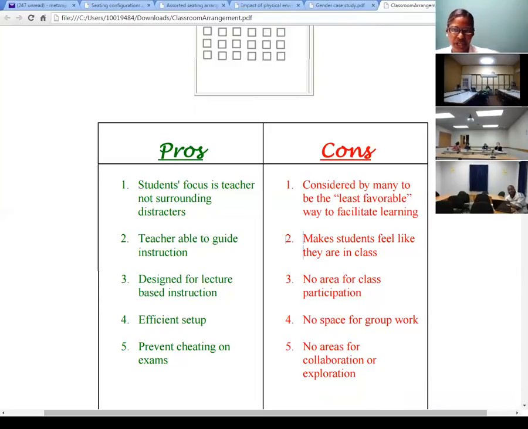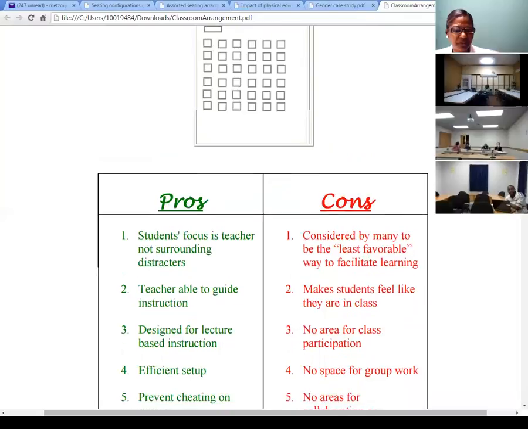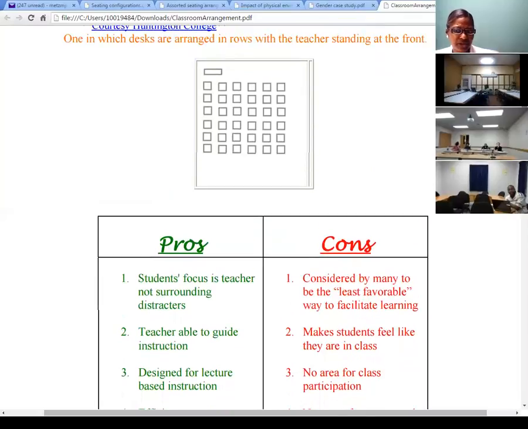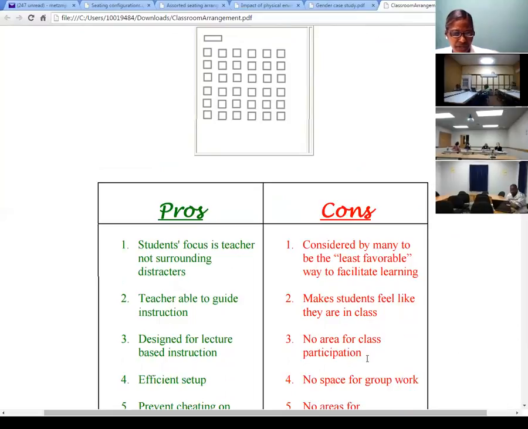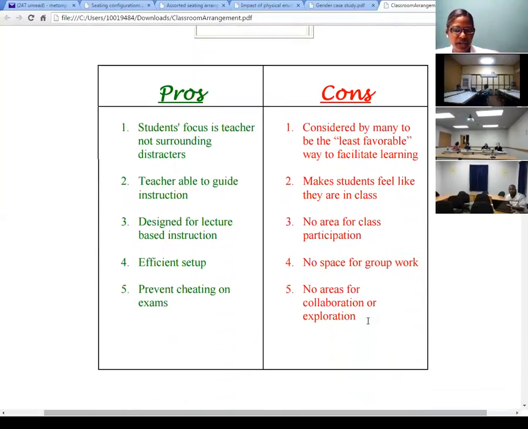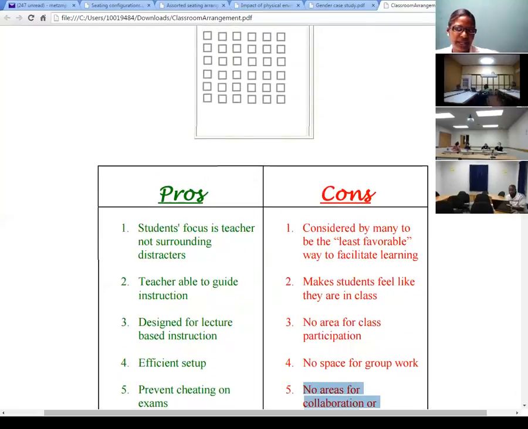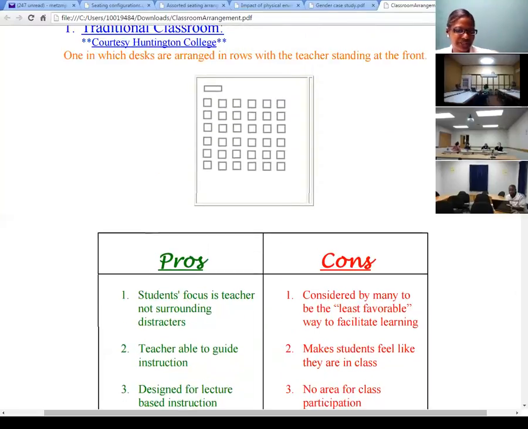I understand. This is really a typical setting for classrooms at the secondary level. And it's saying here that there's no area for class participation, no space for group work, and the last one, no areas for collaboration or exploration, which is why I guess we carry them into the lab. This is really not a very advantageous setting.